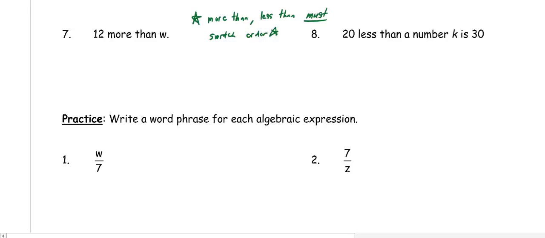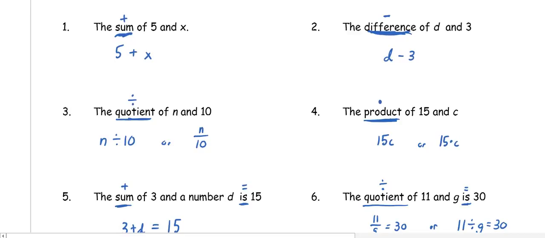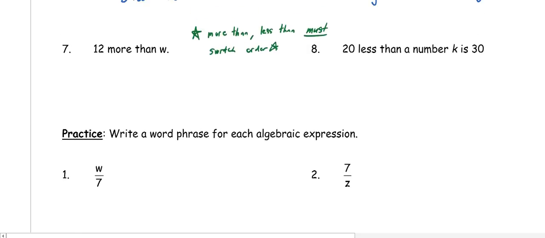So what that means is if we go back up here real fast and we look at sum, we had 5 and x. We had 5 first and we had x second. Now, with more than, we're going to switch the order. So if we have 12 more than w, more than is plus, but we're going to switch the order. So it's going to be w first and 12 second.